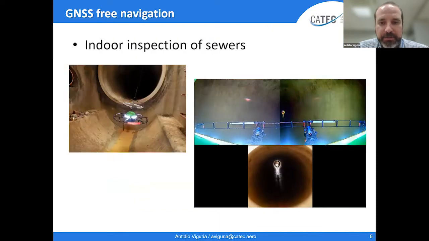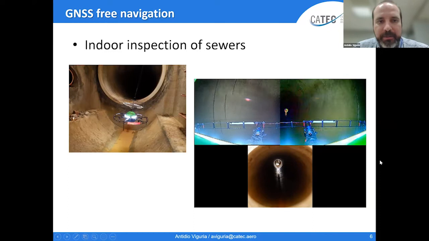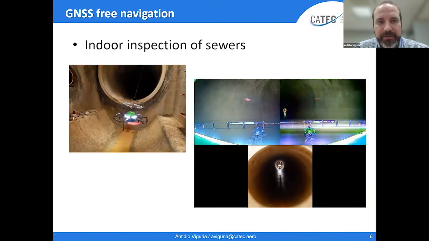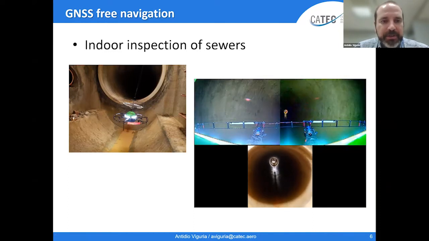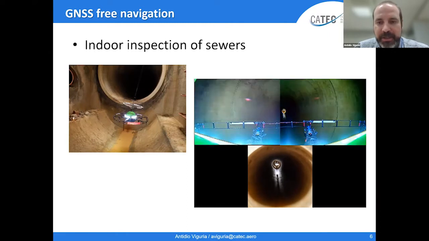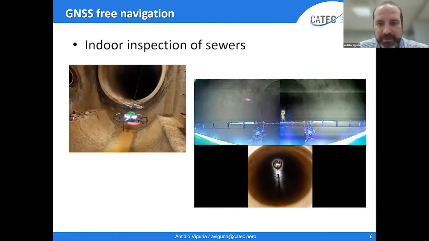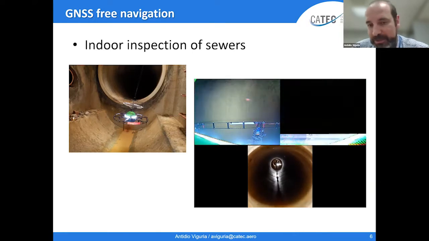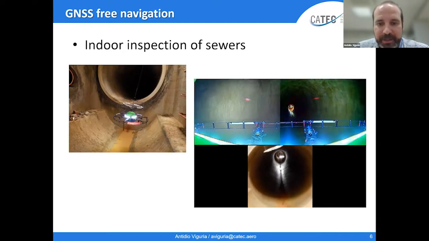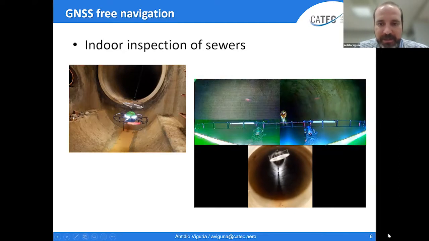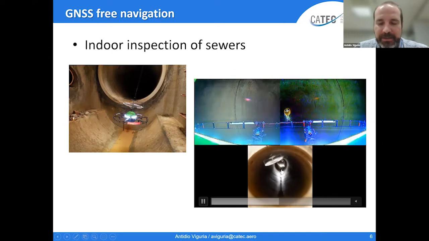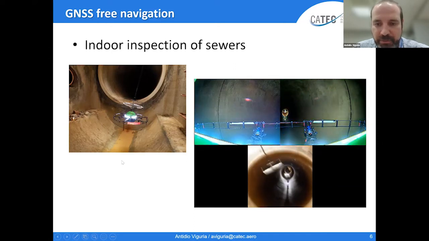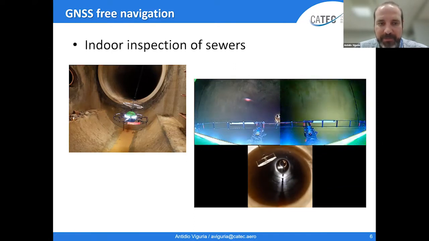Also, it's interesting that we also are performing GNSS free navigation application, for example, for the inspection of sewers. This is a very interesting project that, first of all, we develop a navigation system that allows us to navigate inside sewer, okay, that you don't have GNSS at all. And also, as you can see here, the objective, and this is in a real sewer, the objective was also to be able to operate without having anybody inside.